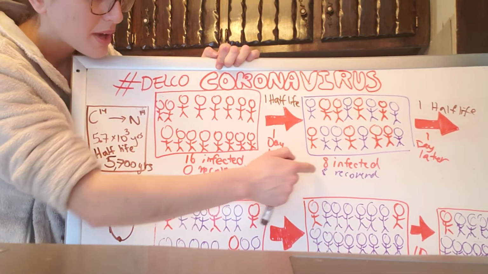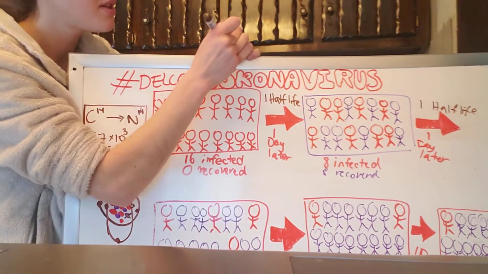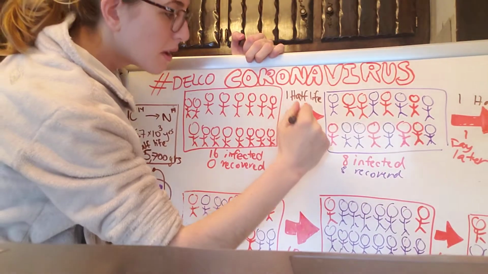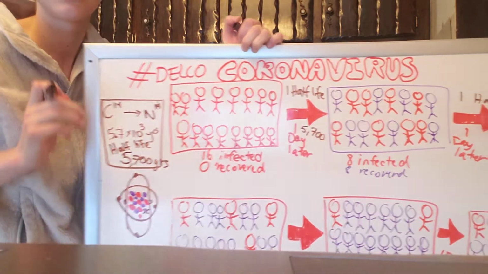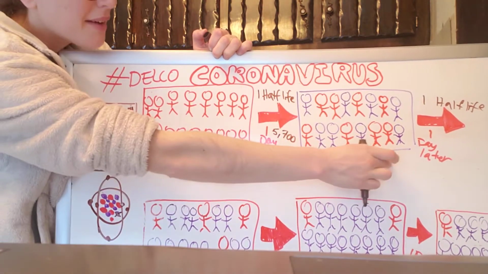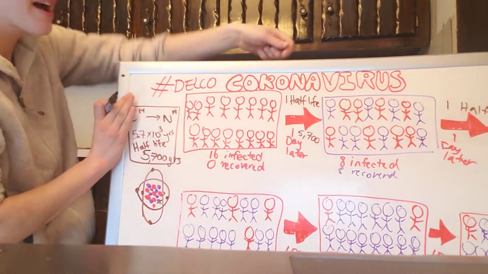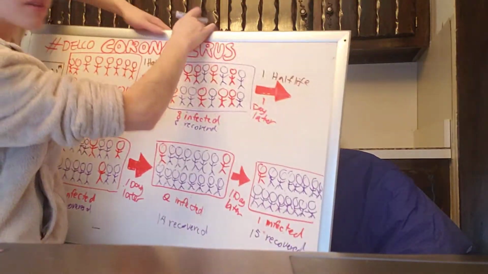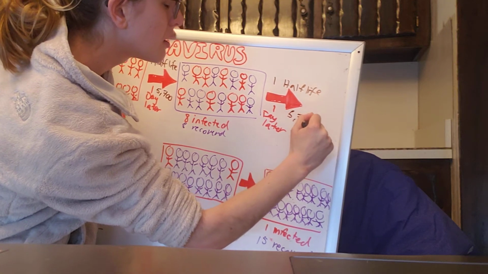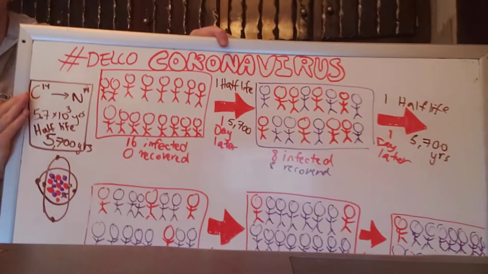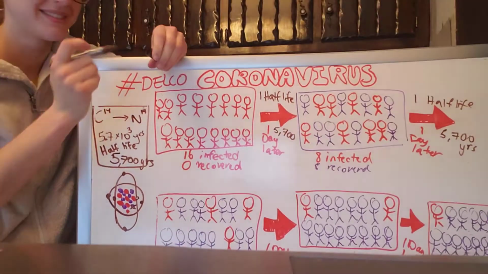So half of them do, and that takes 5,700 years to do so. After that, it takes another 5,700 years for those remaining carbon-14. Oops, sorry, Bella. You scared her.